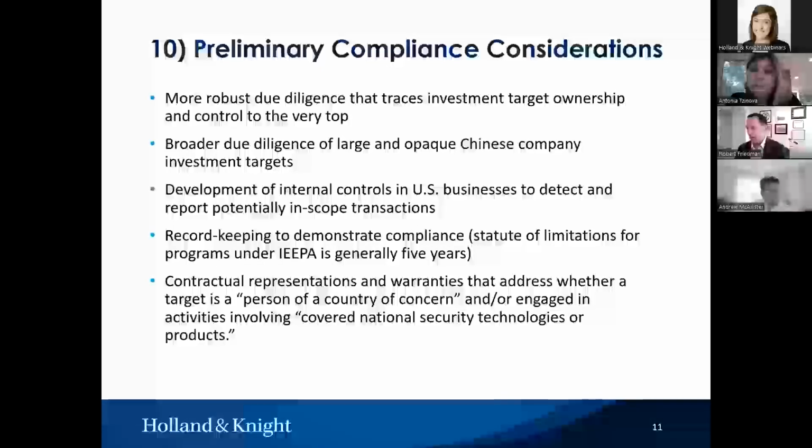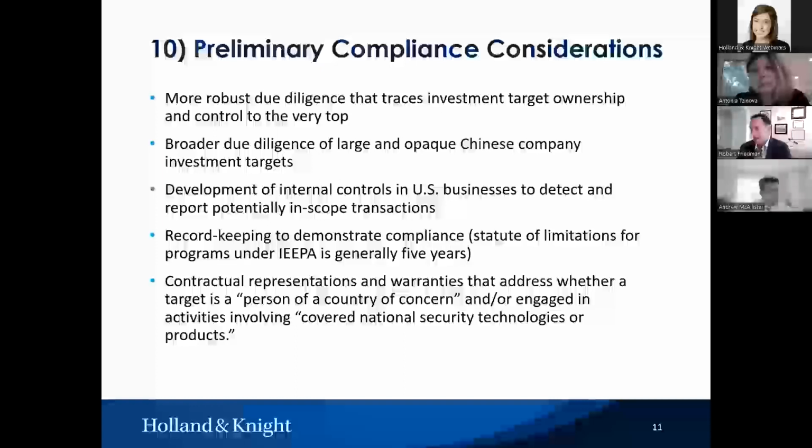First is U.S. persons that are active in covered technology sectors outside of China and in the United States, including in the European Union, Taiwan, and elsewhere, can be expected to perform more robust due diligence that traces investment target ownership or control to the very top to ensure that no non-Chinese companies that are located in third countries are ultimately owned or controlled by Chinese individuals or entities. So again, that due diligence expectation will look at ownership or control to the very top of investment targets.